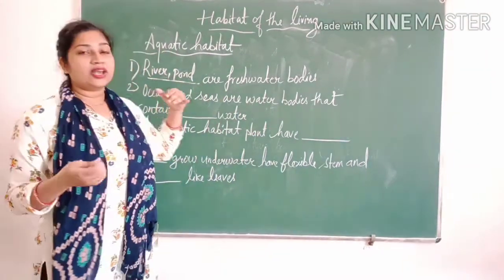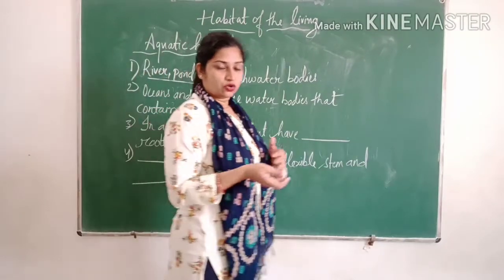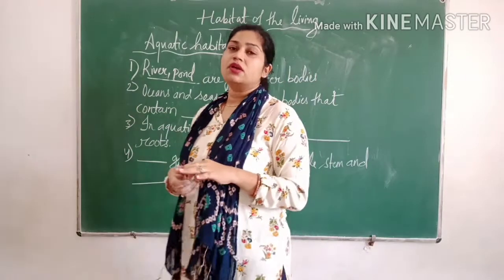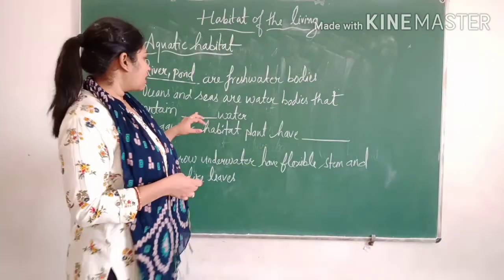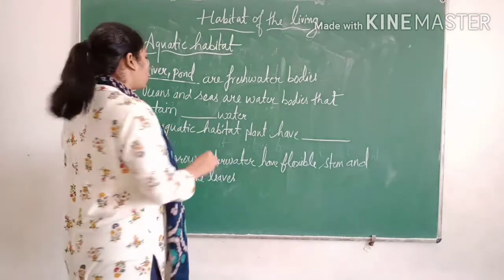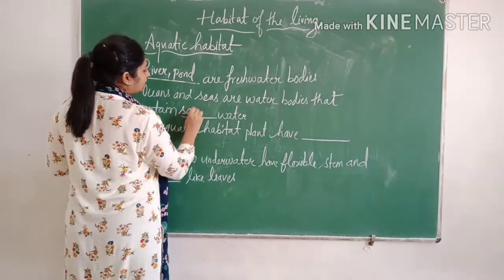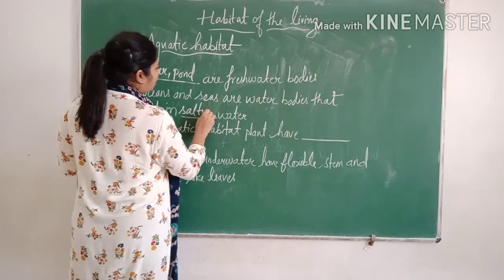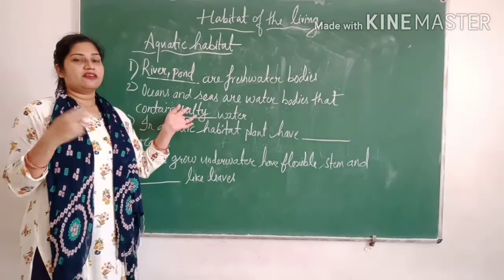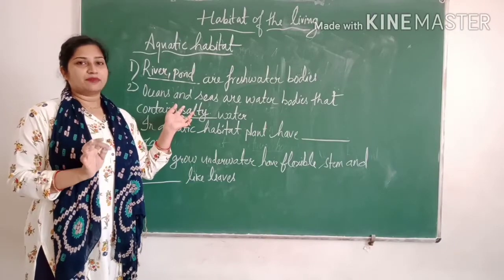Because river, pond, lake are freshwater bodies, sea and ocean are not considered freshwater bodies because they contain a particular type of water, that is salty water. That is why they are referred to as marine habitat.